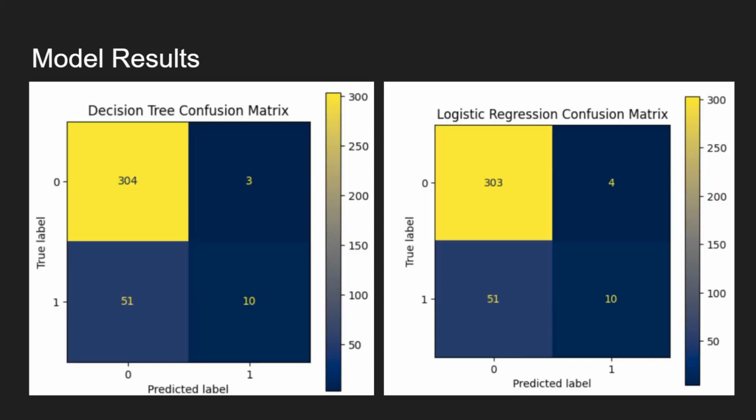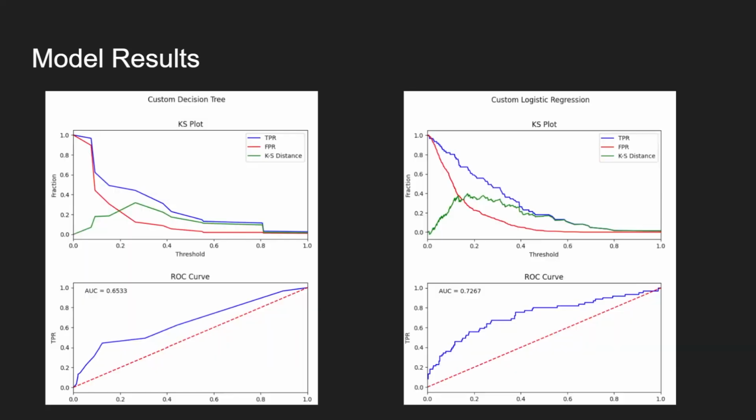Just to show you the confusion matrices again, there's actually only one difference between the two models, and that is the decision tree had one fewer false positive than the logistic regression. This is quite interesting. We actually thought that this was perhaps a flawed result, and that maybe we had run the same model twice, but no, they are in fact this close to each other, given our implementations.